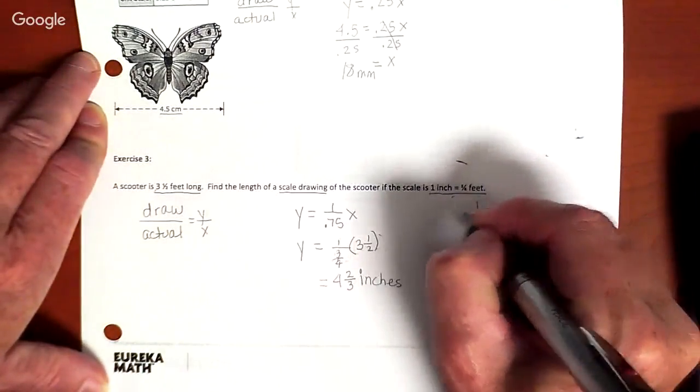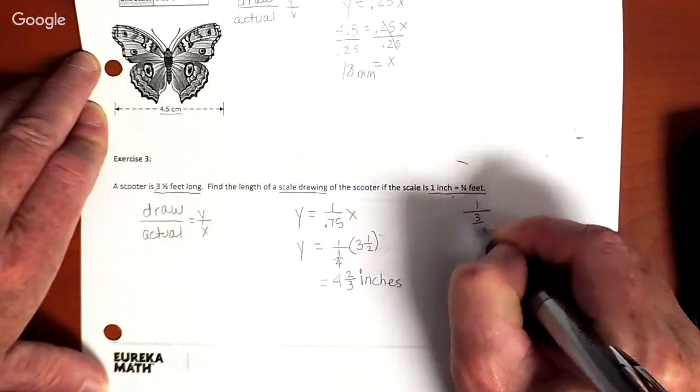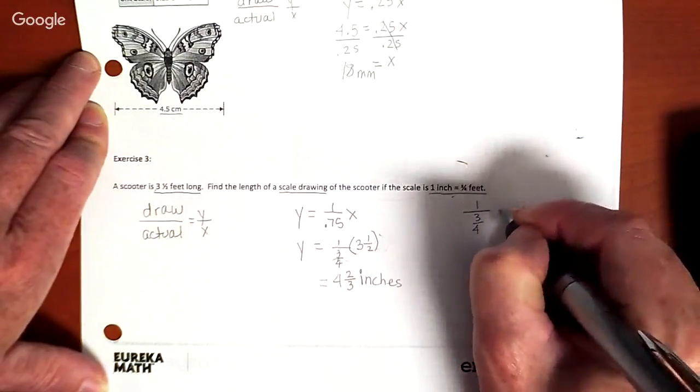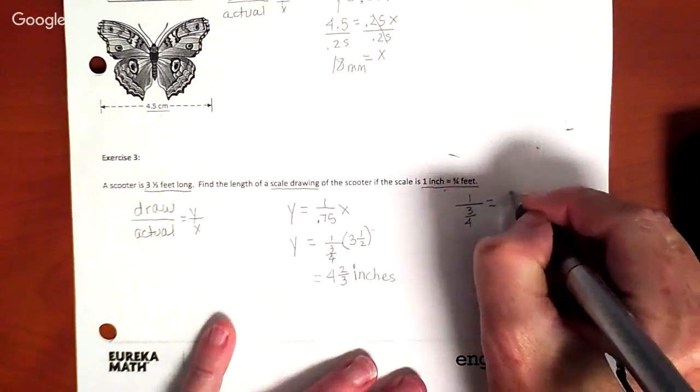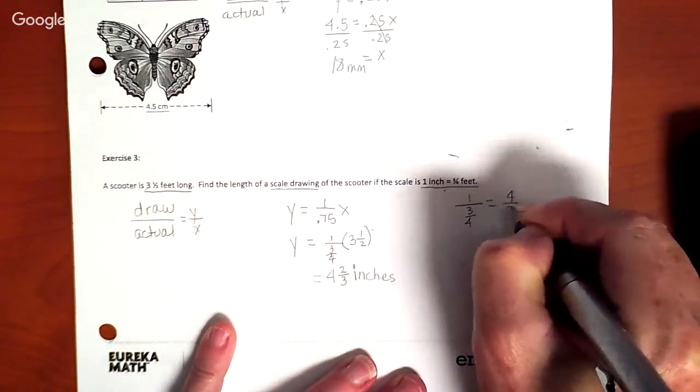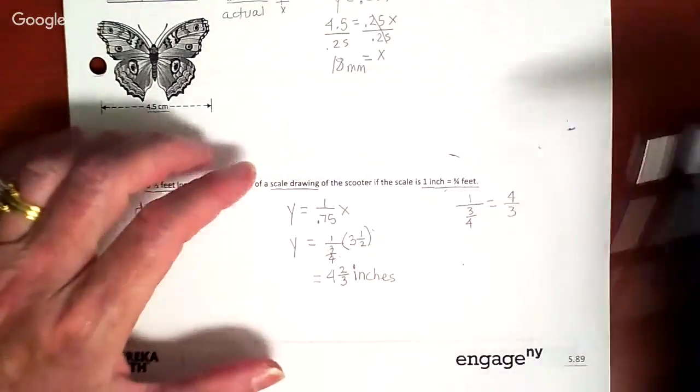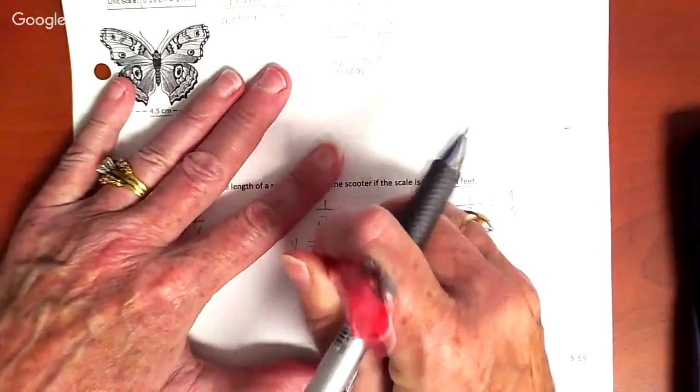So 1 divided by 3/4 equals, sorry. Got that done without the lights going. Okay, so I'm going to change this here very quickly.